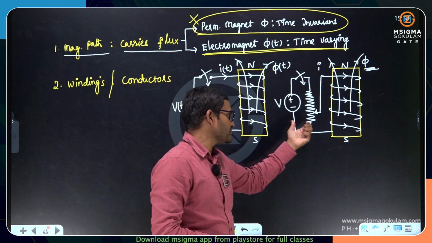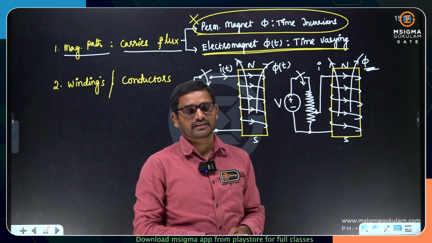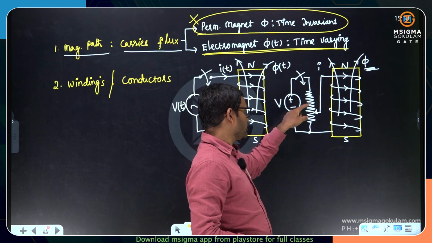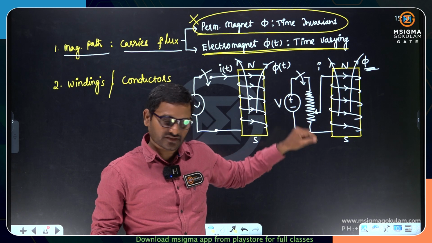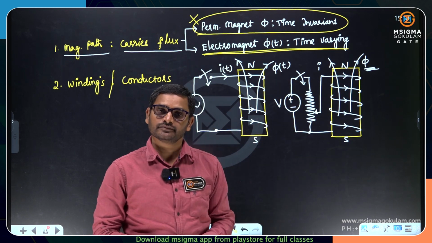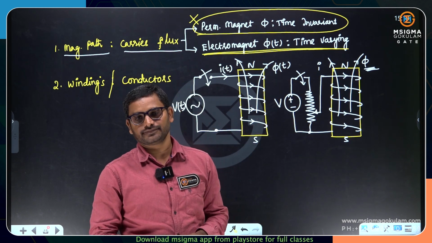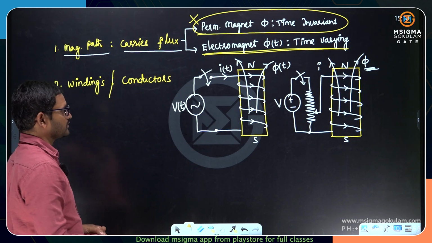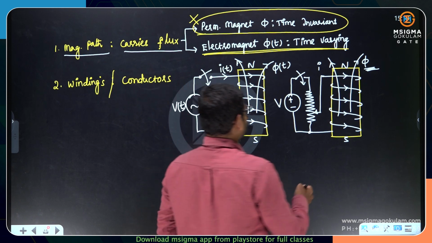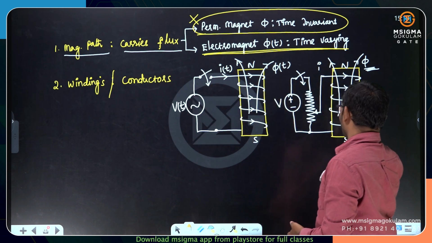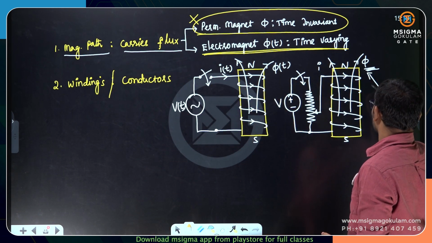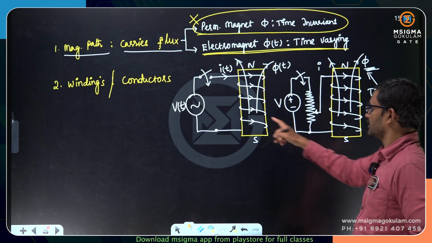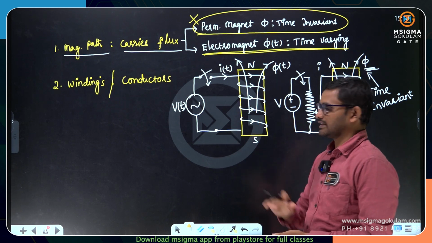If it is DC energized, it's a time invariant magnetic field. If you want to change the magnitude, you can change the tapping, or change the potential divider so that the flux can be controlled. Alright, so that is about the electromagnet, time varying and time invariant. So this is time invariant, and this is time varying flux lines.